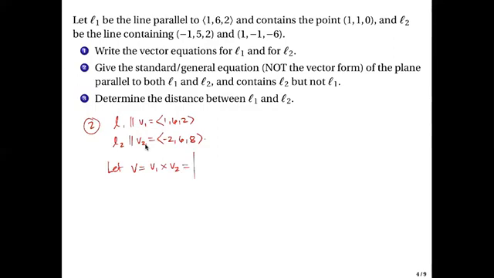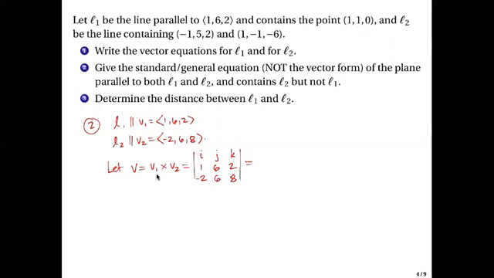Similar to the previous one, we get the determinant of the matrix with first row i, j, k, second row containing the components of your V1, that's 1, 6, 2, and third row containing the components of V2, which is -2, 6, 8.